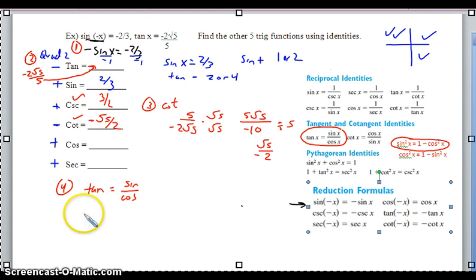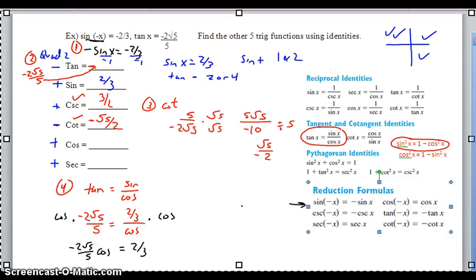The tangent, negative 2 square roots of 5 over 5, is equal to the sine over the cosine. And so algebraically, if I'm going to solve for this, I'll multiply both sides by the cosine. So now I get negative 2 square roots of 5 over 5 times the cosine equals 2/3.